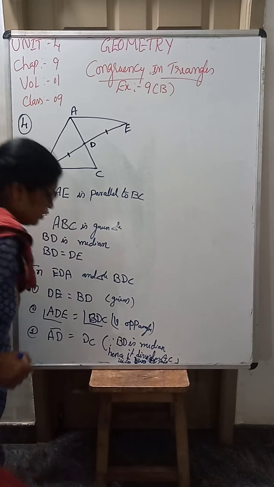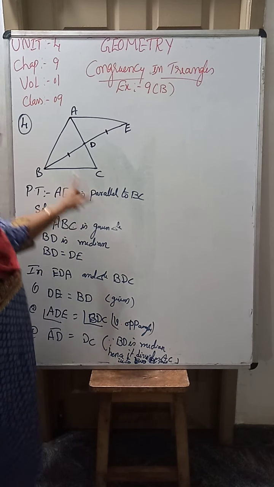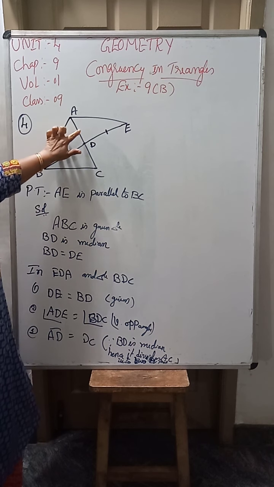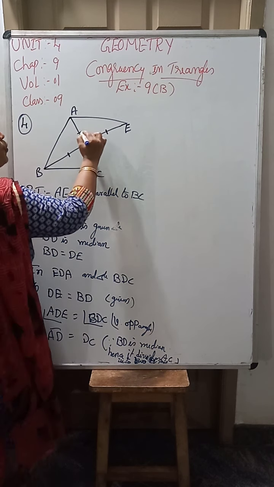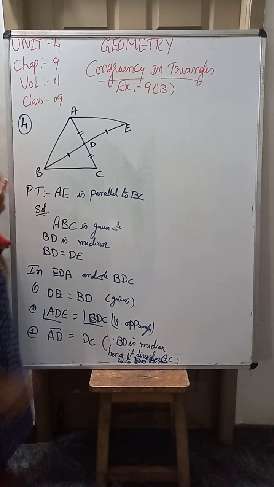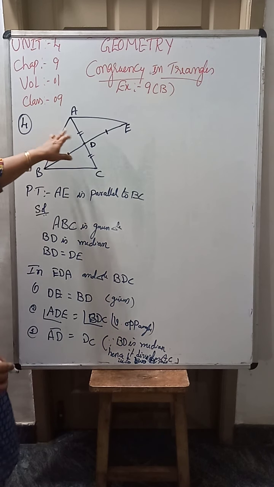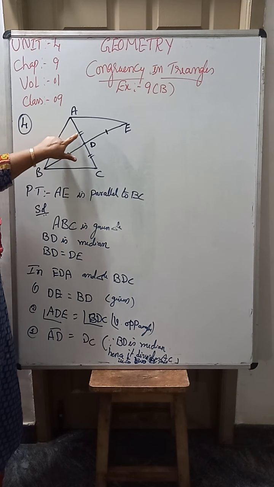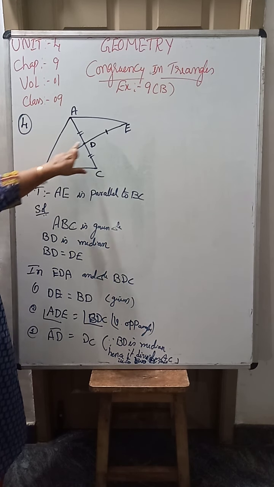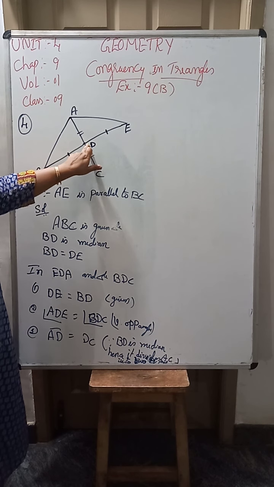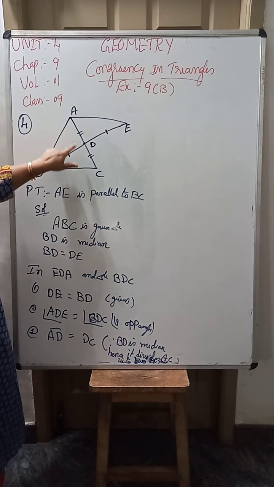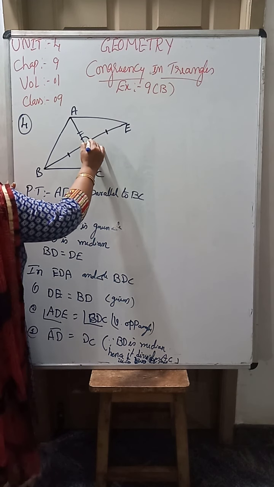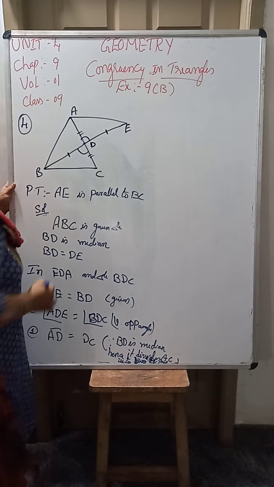Once again I will tell you this. Because BD is the median, hence it divides the AC into two equal parts. So let me show with double line. Here BD is equal to DE, AD is equal to DC because BD is the median and D is the midpoint of AC. So AD is equal to DC. Now angle ADE is equal to BDC.